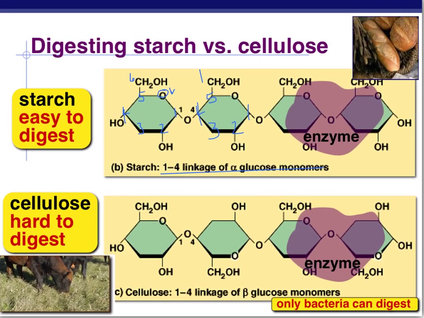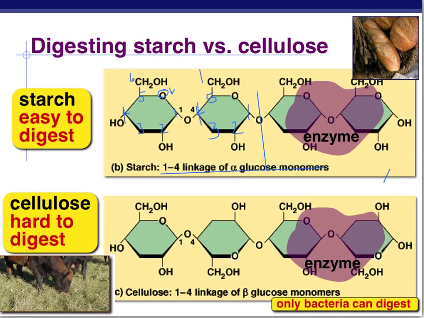They are in the alpha glucose arrangement. So the enzymes that humans possess have the ability to break these 1,4 alpha linkages. That's why we can digest starch. Cellulose, on the other hand, is a whole lot harder to digest. And mammals really just don't have the enzymes that are capable of breaking those bonds.